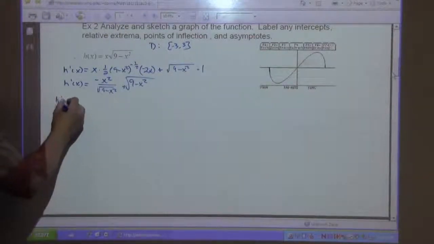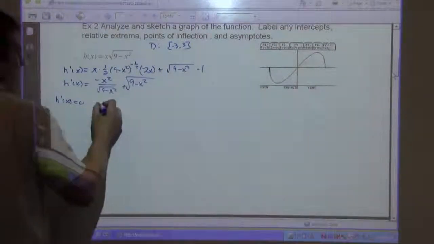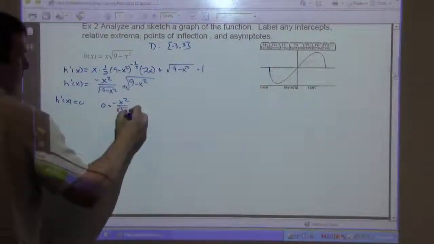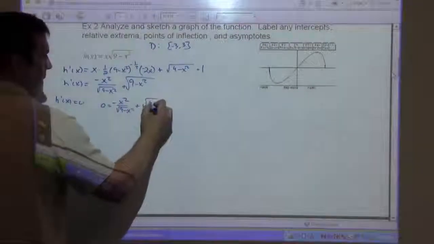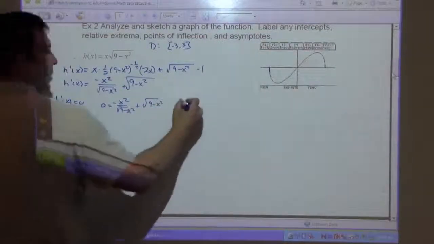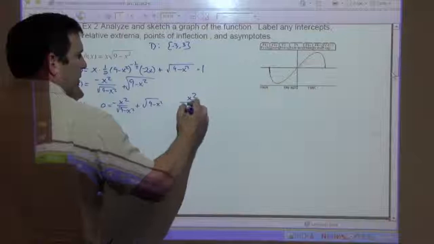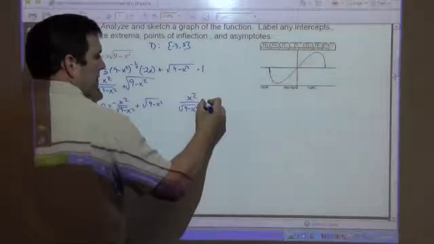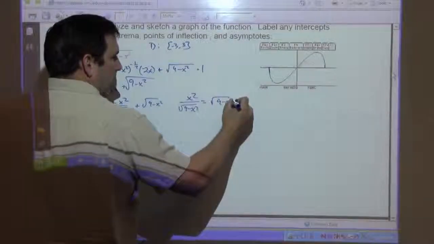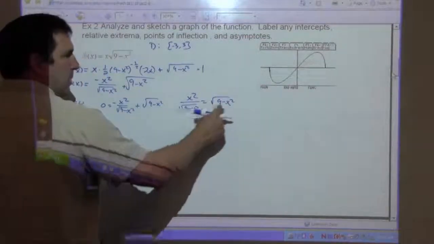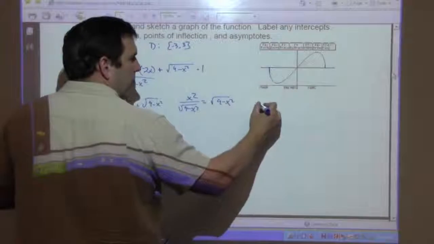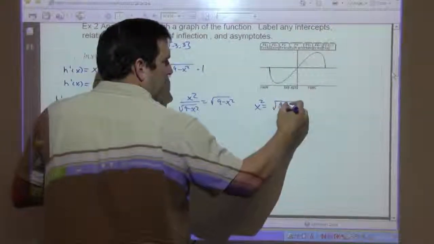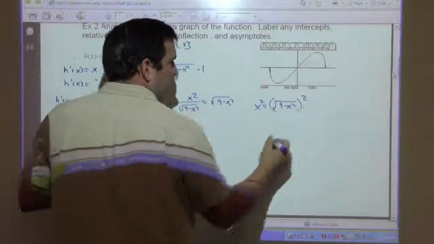So where is h prime of x going to be 0? That's where 0 equals negative x squared over the square root of 9 minus x squared plus the square root of 9 minus x squared. So that's where x squared over the square root of 9 minus x squared, I'm adding this to both sides, equals the square root of 9 minus x squared. If I multiply both sides by the square root of 9 minus x squared, I have x squared equals the square root of 9 minus x squared, squared.